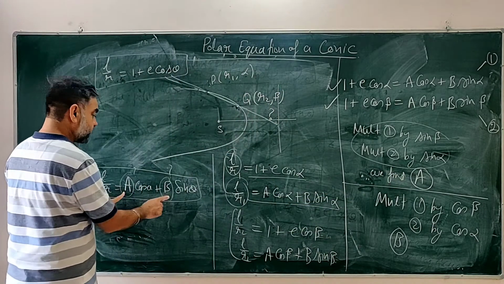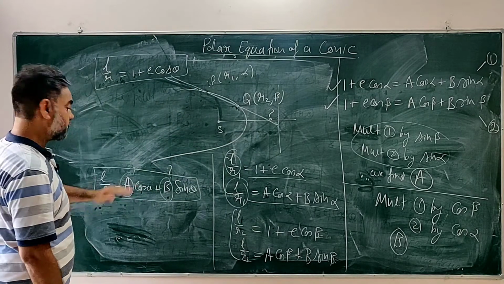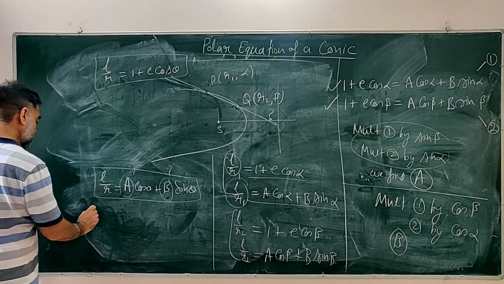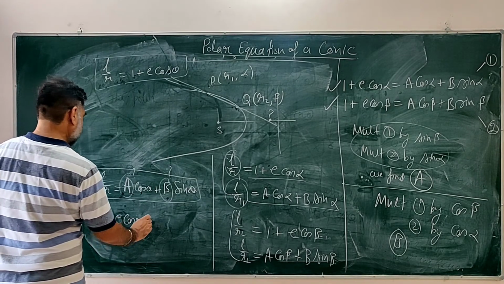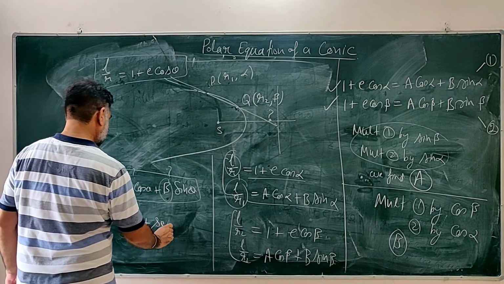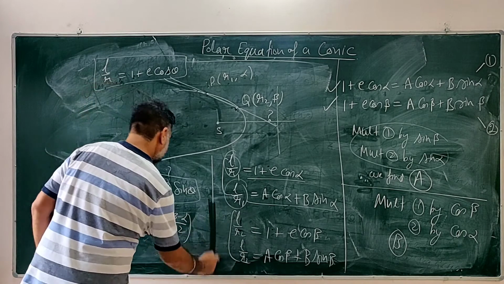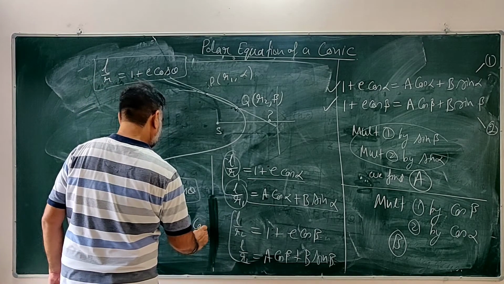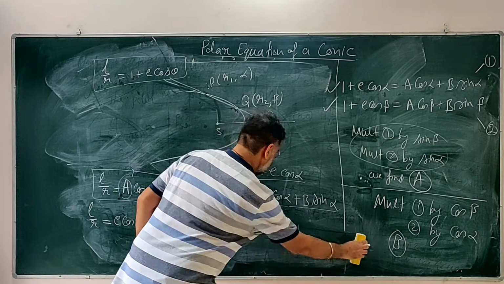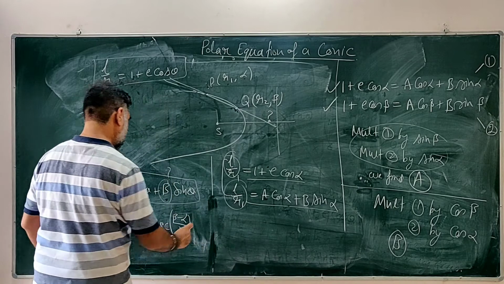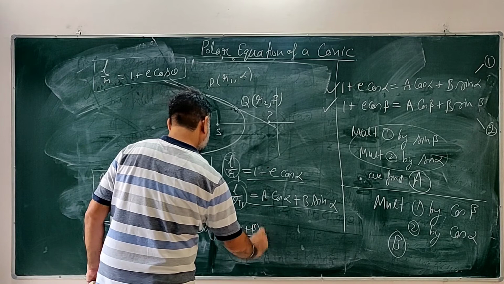Putting the values of capital A and capital B in this equation, you will get the equation of this straight line, and this equation would come out to be L over R is equal to E cos theta plus secant of (beta minus alpha)/2 times cos of (theta minus (alpha plus beta)/2).